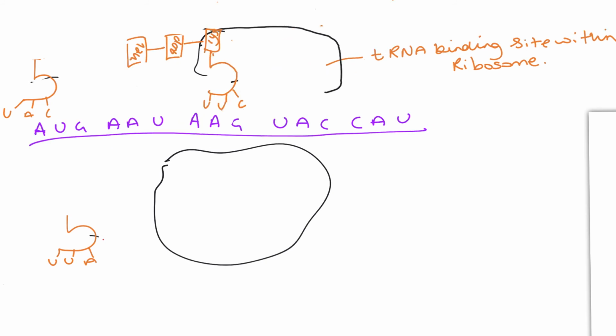And another tRNA molecule comes along and binds on at the tRNA binding site within the ribosome with an anticodon that is complementary to the codon on the mRNA. So this time it's going to be AUG.